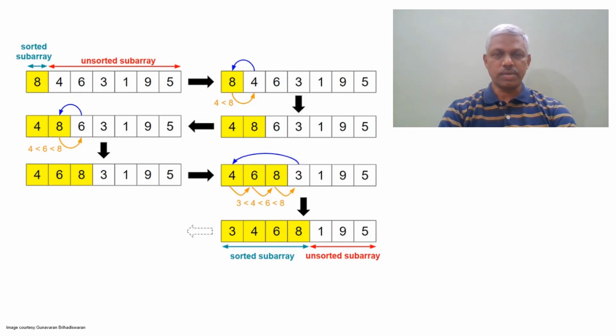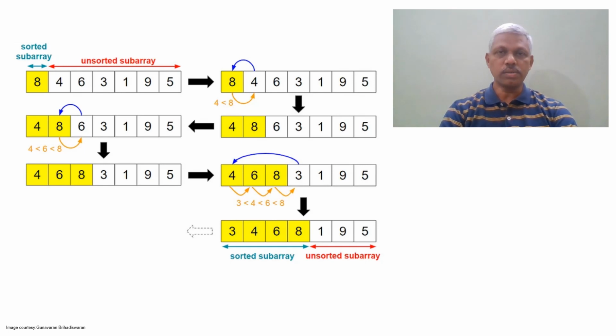Next element is 1. Again 1 will be swapped with 8, with 6, with 4, and finally with 3. So then 1 reaches its position: 1, 3, 4, 6, 8. By this time the left part of the array is sorted. Then 9 and 5 remain. 9 is greater than 8, so no swapping is done.